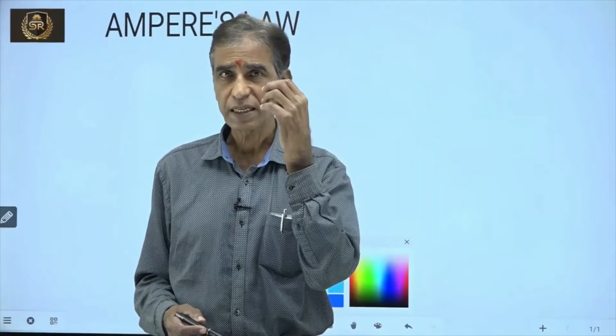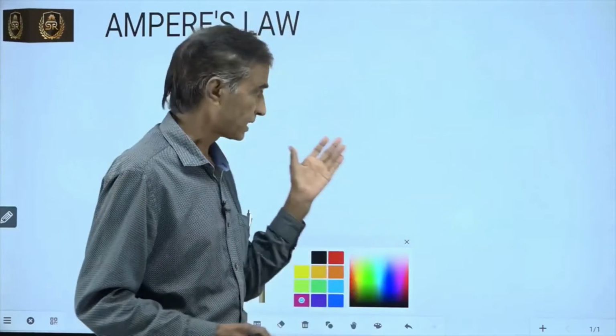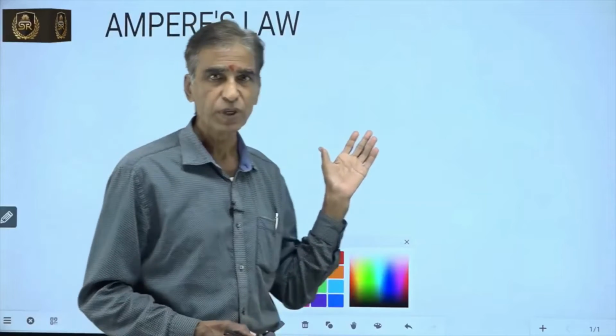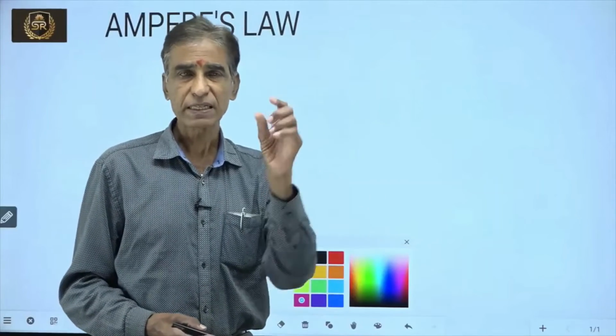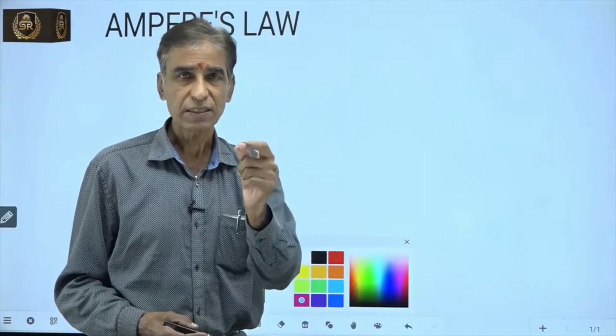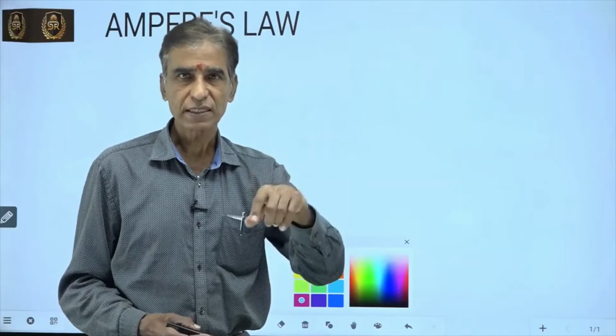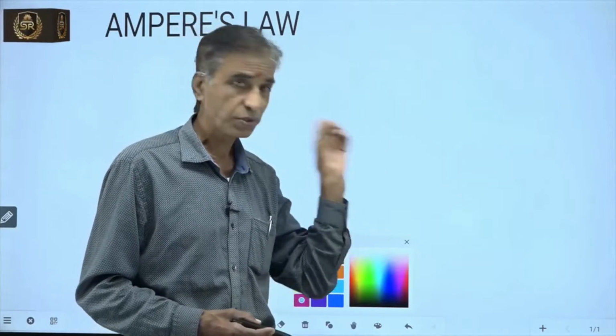When a conductor carries current, the current can be coming out of the plane or going into the plane. For example, the board is a plane. If the current flows upwards, it is coming out of the board, and if it goes down, the current is going into the plane.